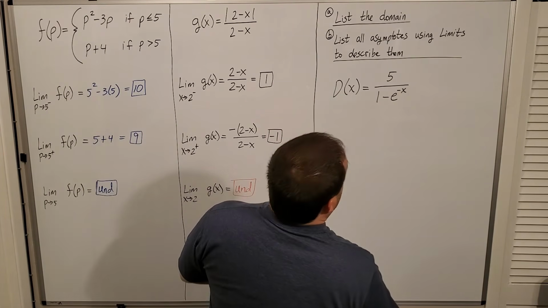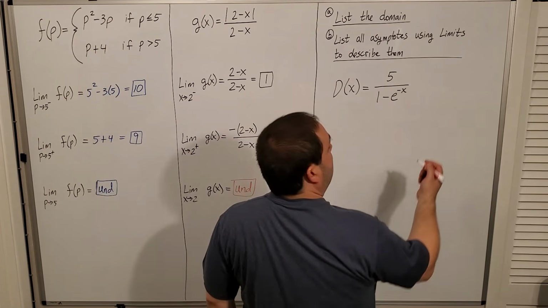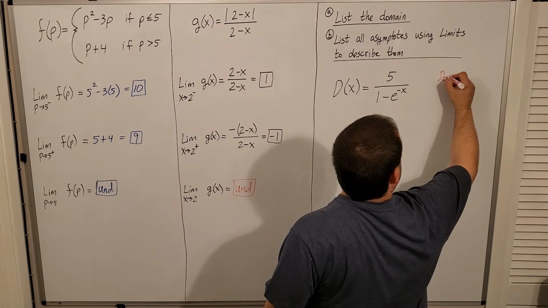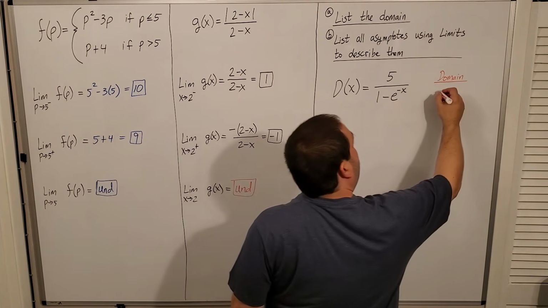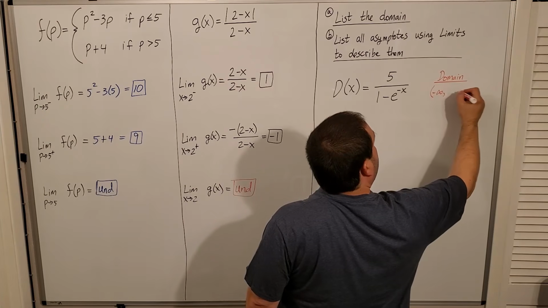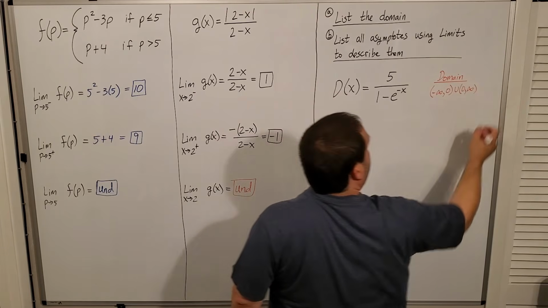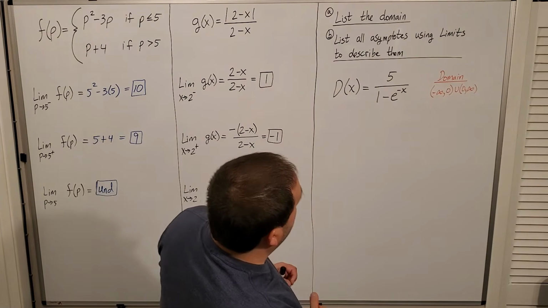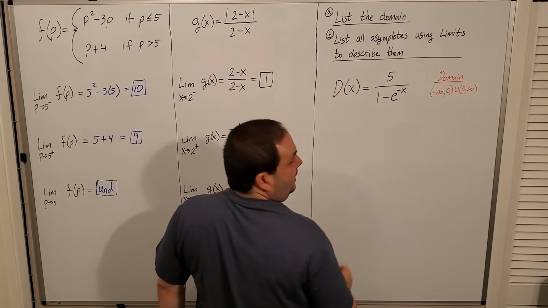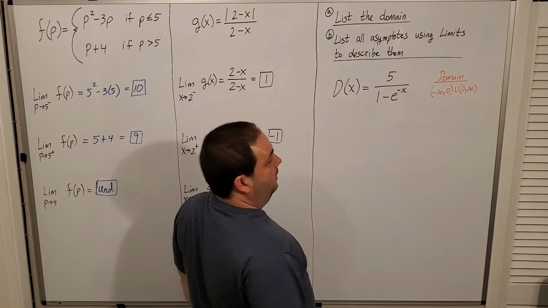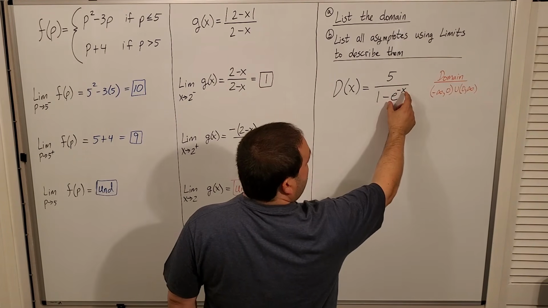So start with the domain. The domain is going to be negative infinity to 0 union 0 to infinity. Think about it: I can plug in any value I want in an exponential and it'll give me a number just fine. This is the main piece because this is where x is, and that's going to work.